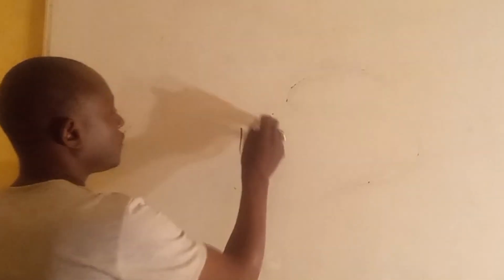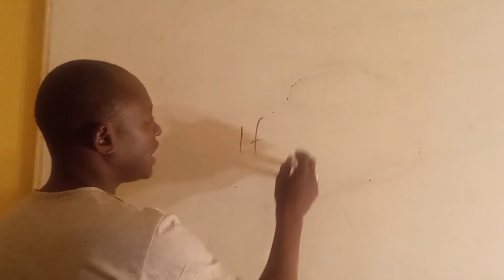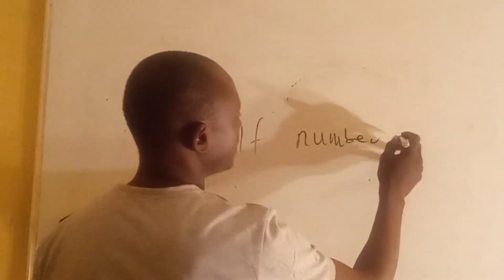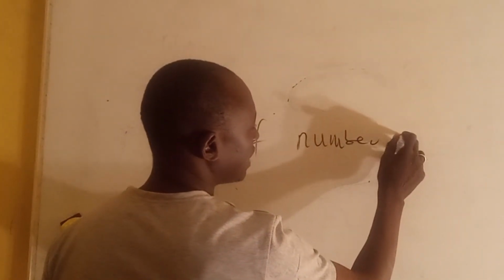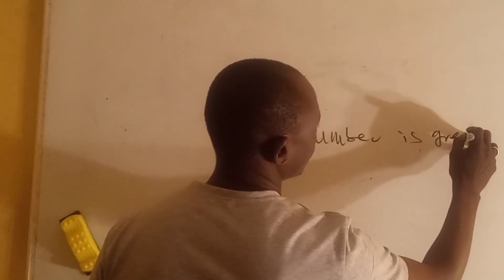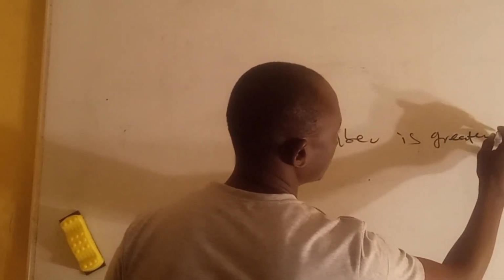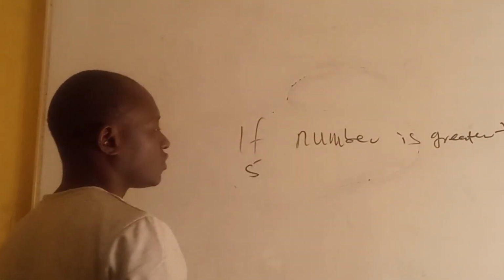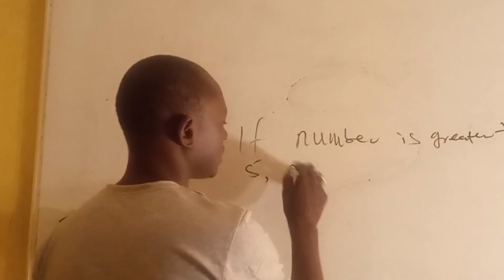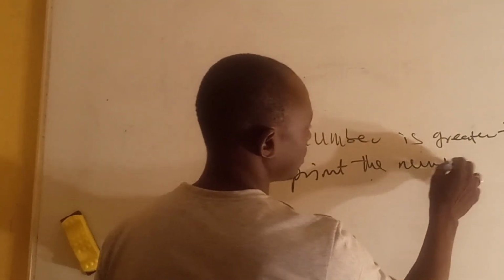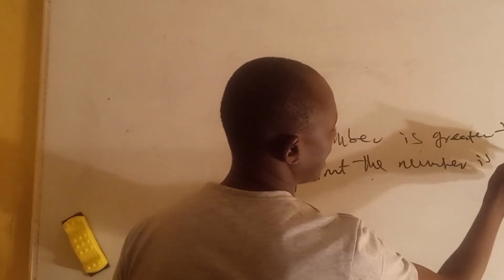For instance, we say if a given number, let's say number, is greater than 5, it will now print the number is greater than 5.